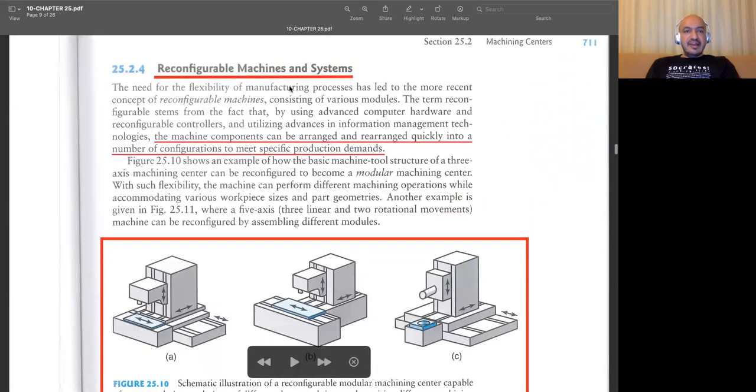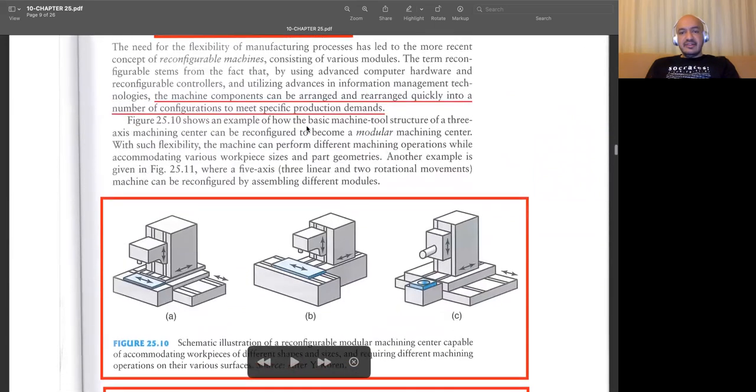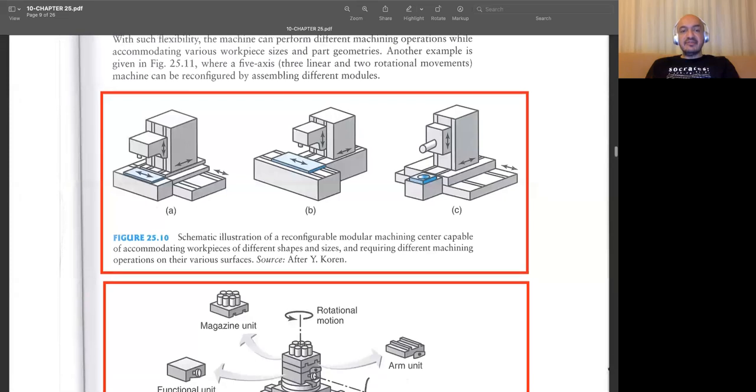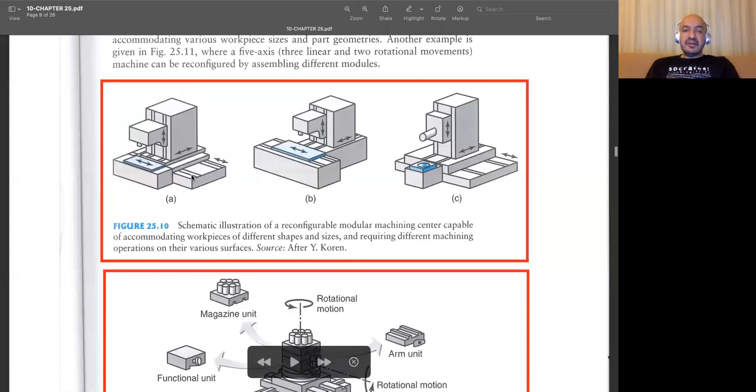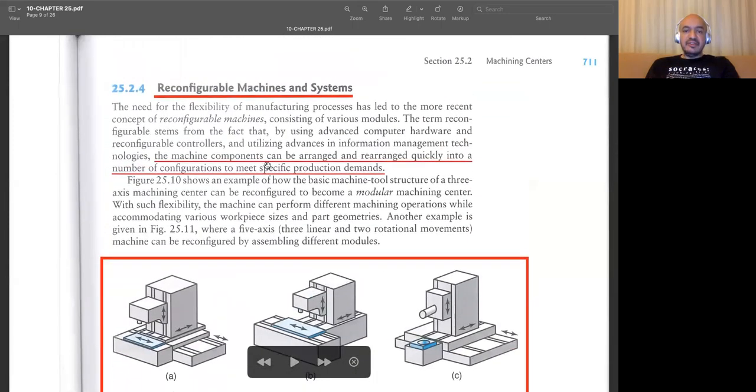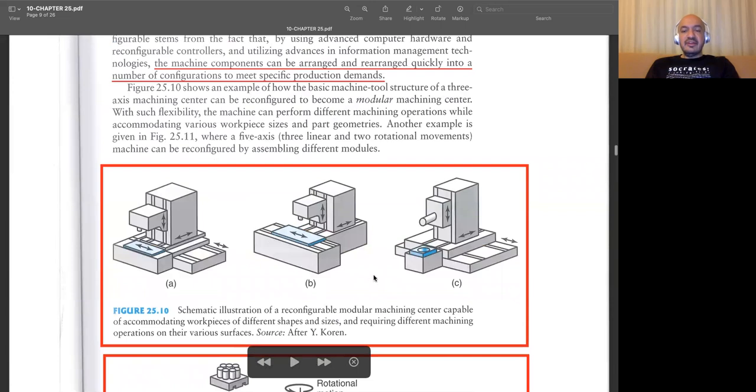We lastly have reconfigurable machines and systems. It's quite flexible, obviously, but a bit expensive and difficult to modify. For instance, if you look at these cases, in such reconfigurable machines, we remove the table and come up with a new table. But the main structure of the machine should always be the same.